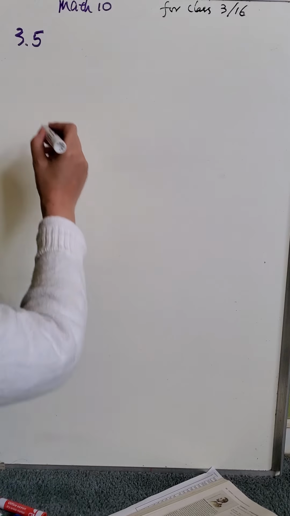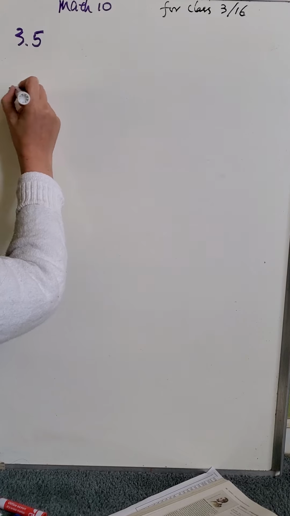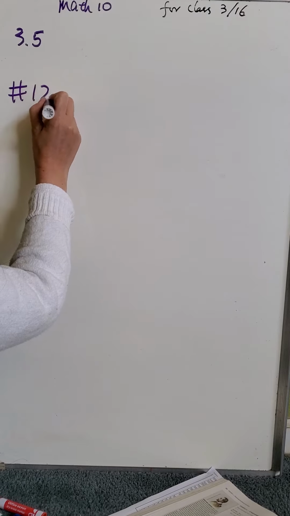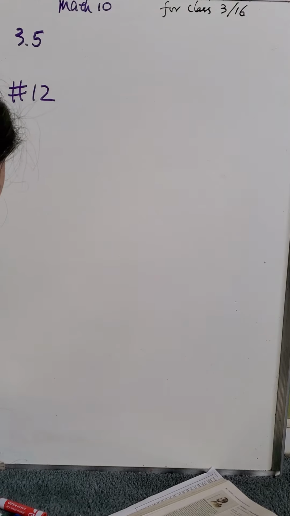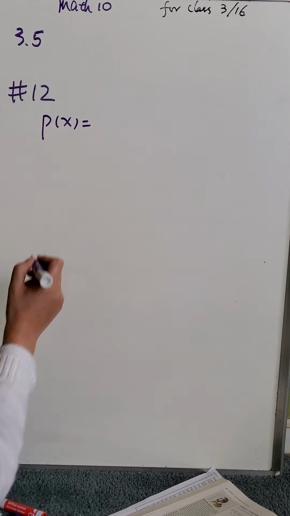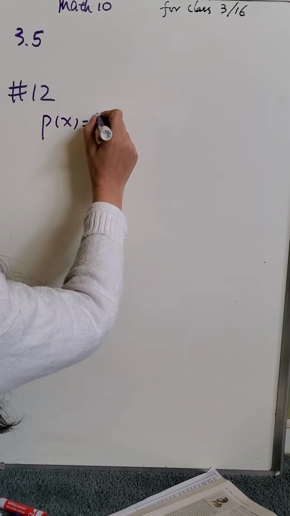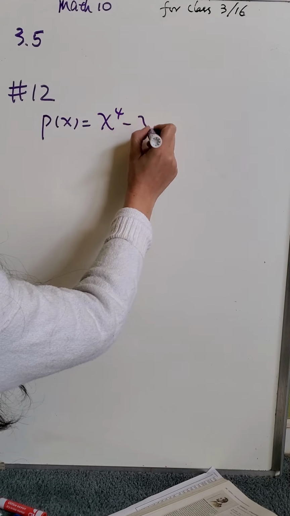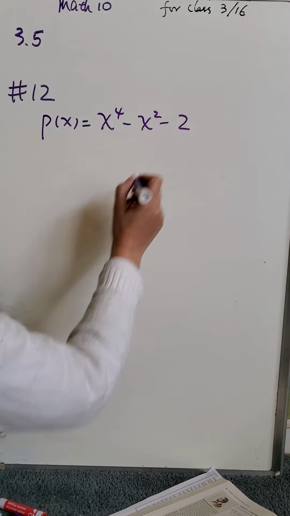So let's do number 12. Okay, number 12, they want you to find all the zeros and then put p in factored form. We are given p of x equals x to the 4 minus x squared minus 2.